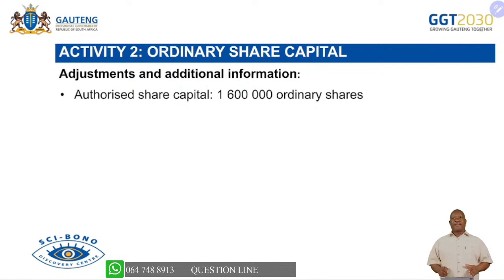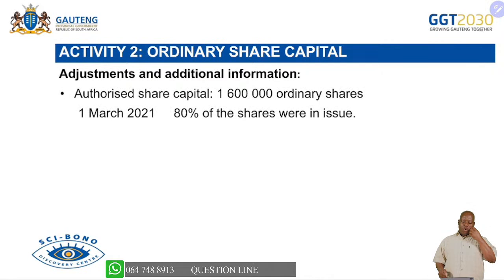So we are saying the maximum that we may ever think of issuing is 1.6 million. Now, they went on to say, on 1 March 2021, what is so special about this date? The start of the year.